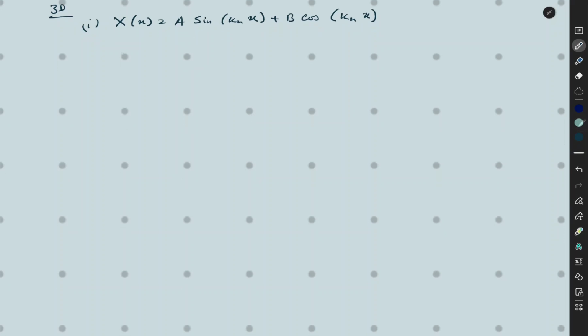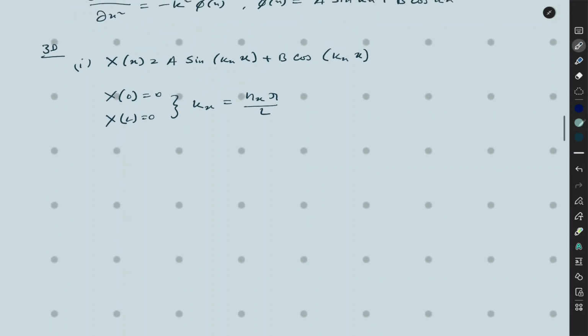Applying the boundary condition, that is X of 0 equals 0 and X of L equals 0, we get kx equal to nx pi by L. So if we first put that 0, then we are getting b equal to 0, and then the equation is reduced to only this part.